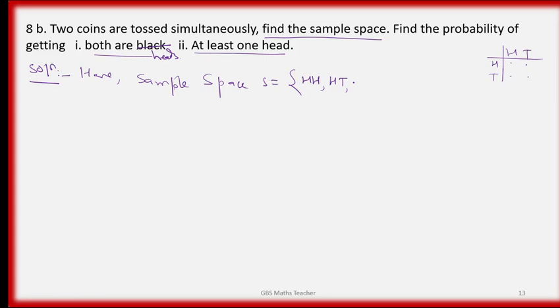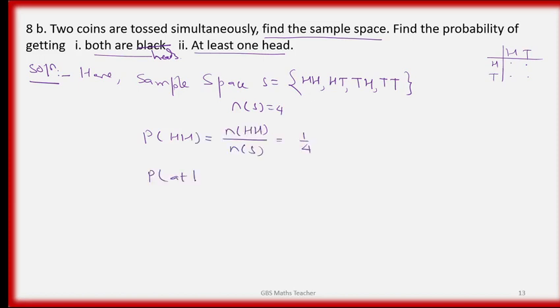Number of sample space equal to 4 and probability of getting two heads equal number of HH over number of S, that is 1/4 भइहाल्यो and probability of at least one head, कम्तीमा एउटा हेड भने तीनटा आइटमहरु छ, that is 3/4. A simple question, so we can do this directly, no doubt.